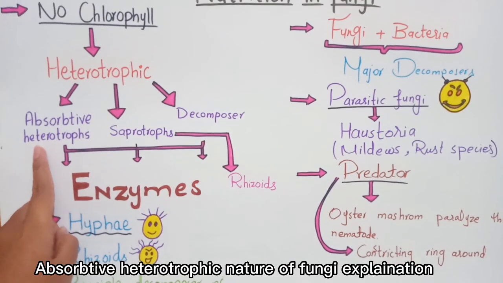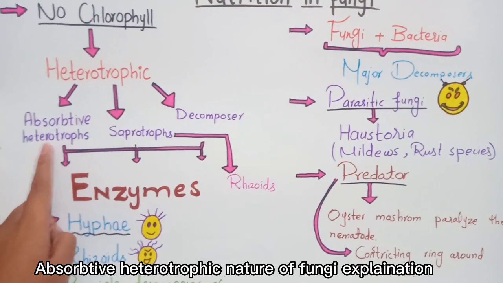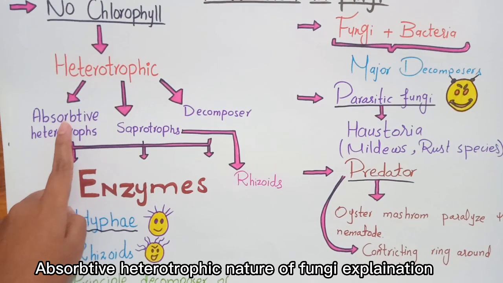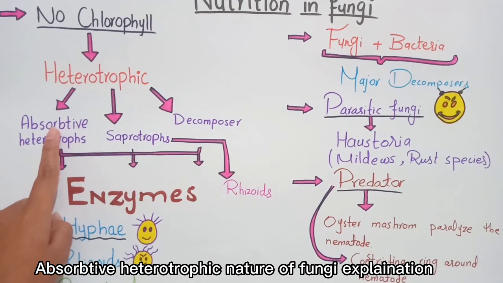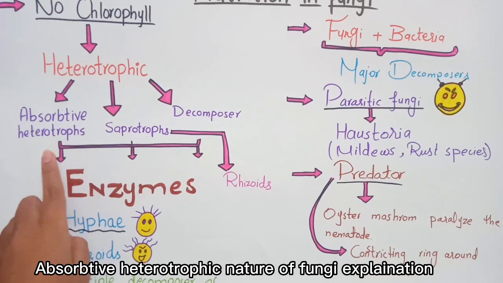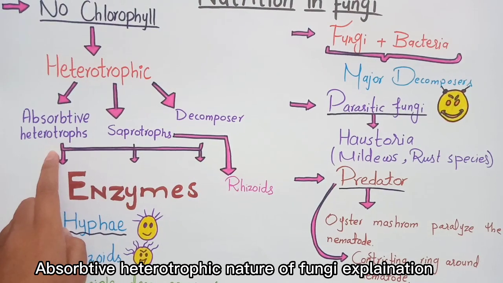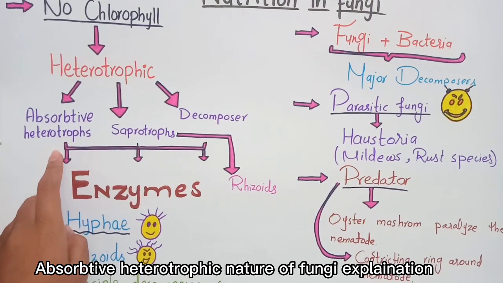I hope you understand well about this absorptive situation. As we know, the word absorptive is related to absorption, and we know about absorption processes. So here it also happens like that. Fungi release enzymes on a substrate. As we know, enzymes are involved in breaking down substances.